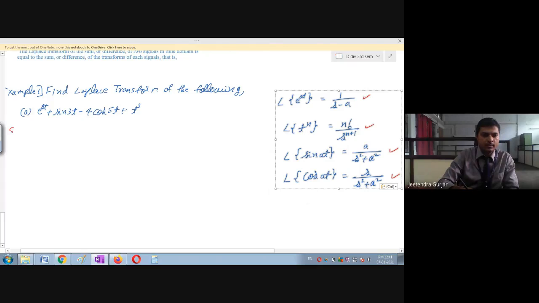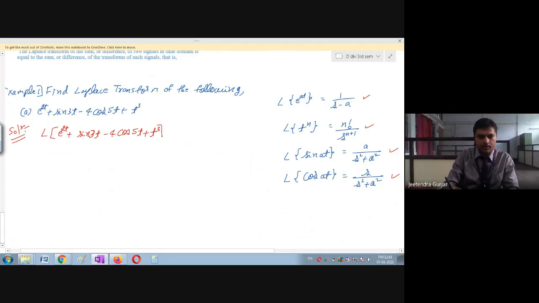Yes, so what will be the solution? Laplace transform of e raised to 2t plus sine 3t minus 4 cos pi ut plus t cube will be equal to, now when I substitute a is equal to 2, Laplace transform of e raised to 2t will become 1 upon s minus 2.